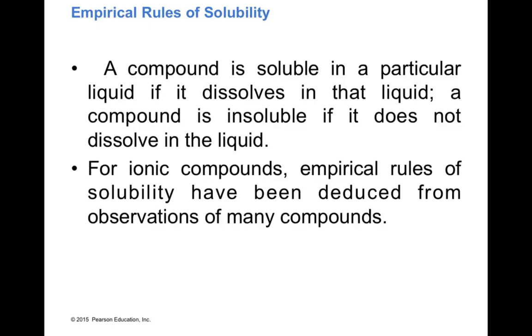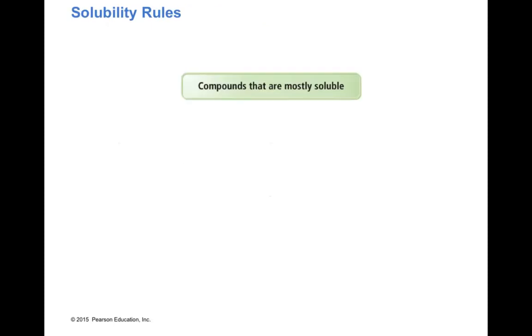So most of the time we're going to look at solubility tables, and those solubility tables usually use water as the medium to try to dissolve that compound. But sometimes a compound, as I mentioned before, could be insoluble in water but be soluble in another type of liquid. Okay, so let's see the following diagram.